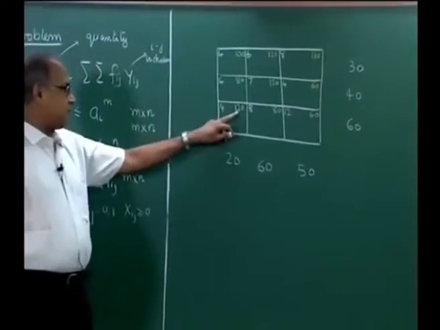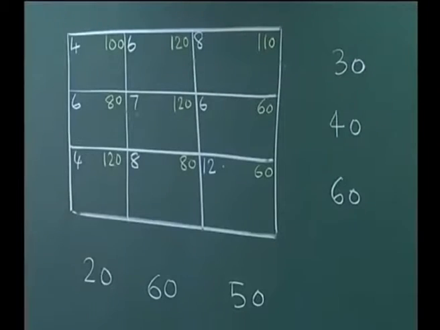So the values shown here are the Fij values and the values shown here are the Cij values.